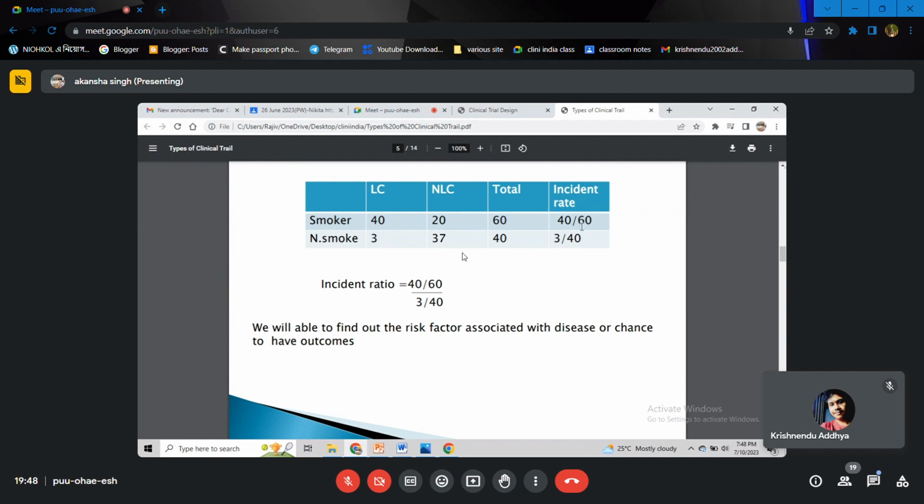You will get the incidence rate, and from that you calculate the incidence ratio. Just look at it. If you don't understand, please let me know, or we will proceed further. Understood, everyone? Yes, ma'am.